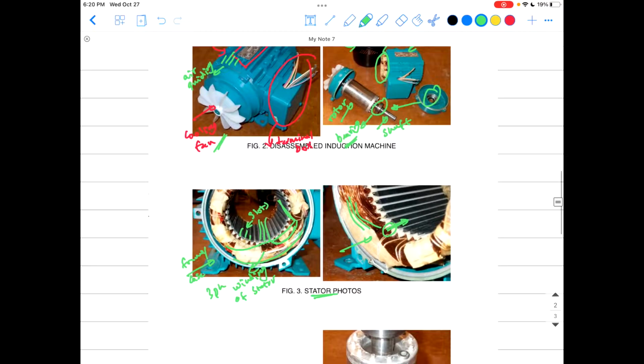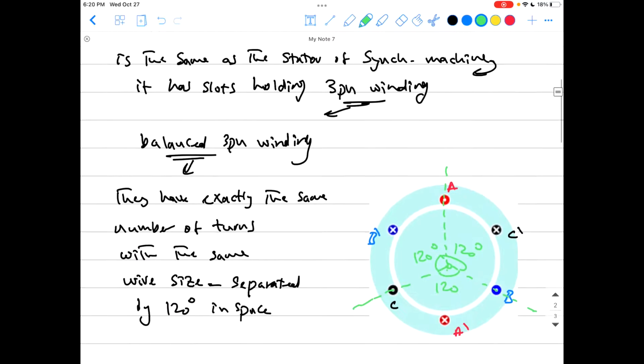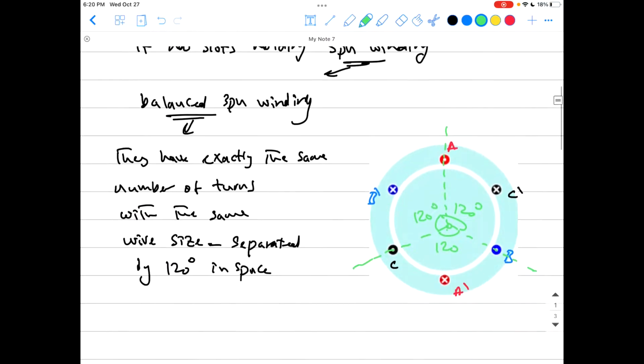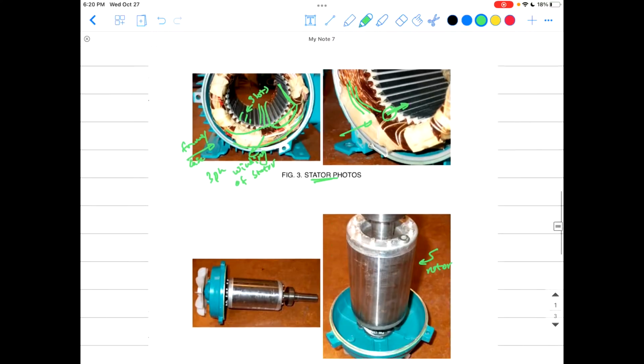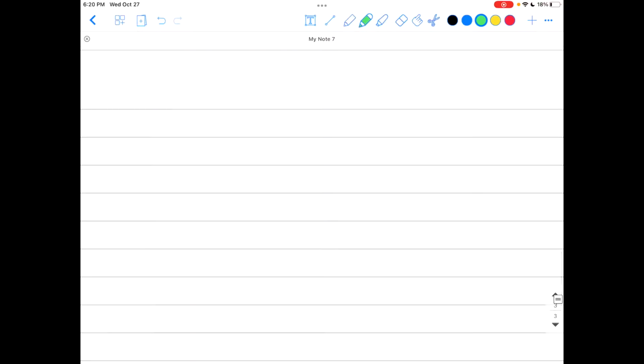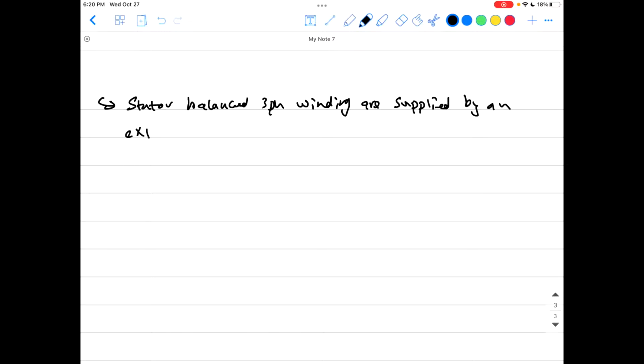Okay, so the stator of this machine, like we said here, has three-phase winding, balanced three-phase winding. That means there are typically three sets of winding separated by 120 degrees in space, like we have seen here. Okay, but what about the supply? So the stator balanced three-phase windings are supplied by an external balanced three-phase voltage source.